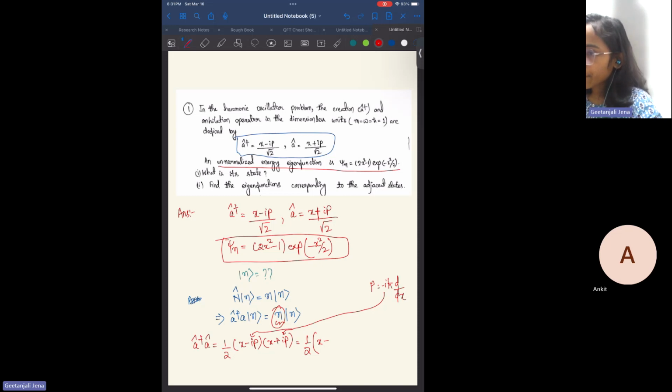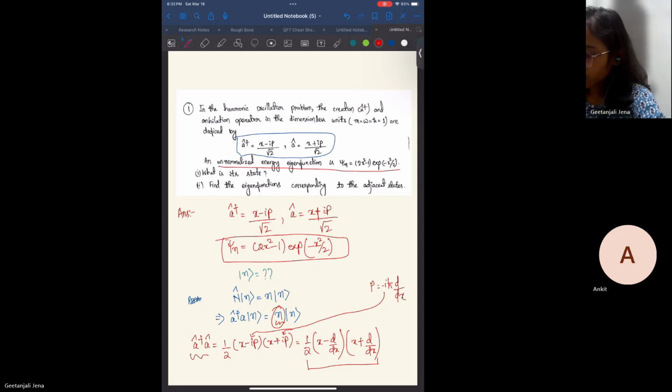So A dagger A will be half x minus d by dx and x plus d by dx. This is the expression for A dagger A. Now you just have to solve this equation and find out the value of n.